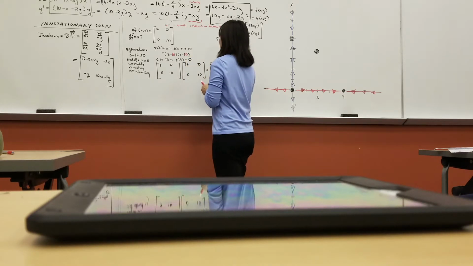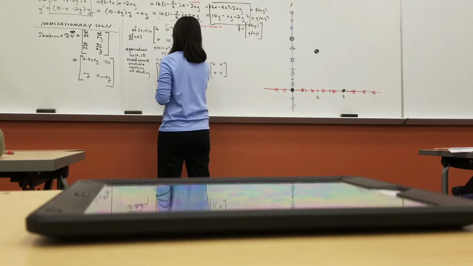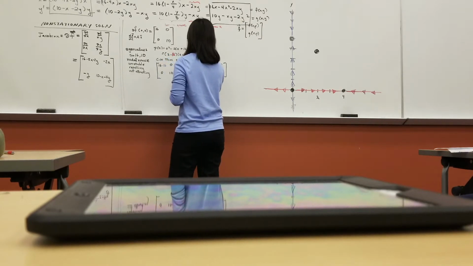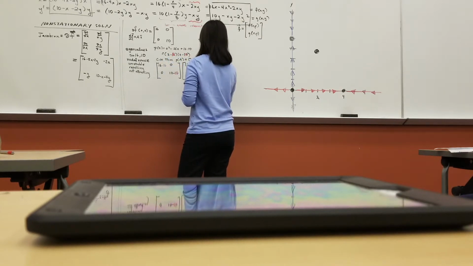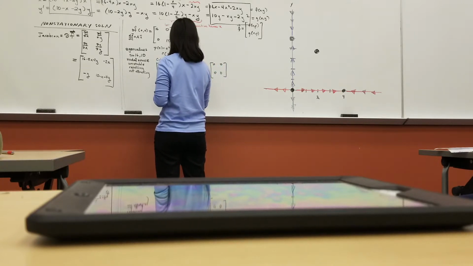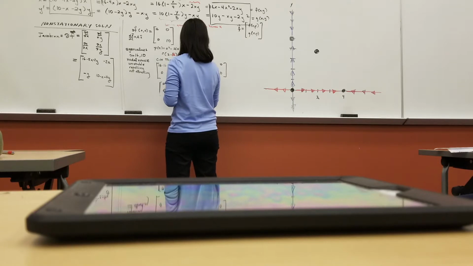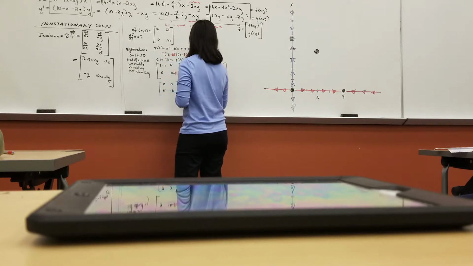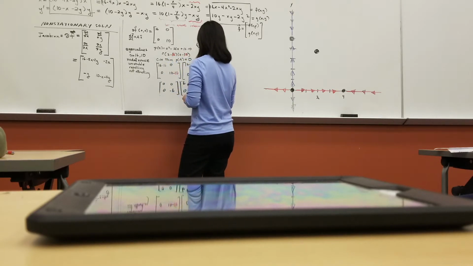So you subtract 16 on the diagonal, subtract 10. And now you have 0, 0, 0, minus 6, and 6, 0, 0, 0.